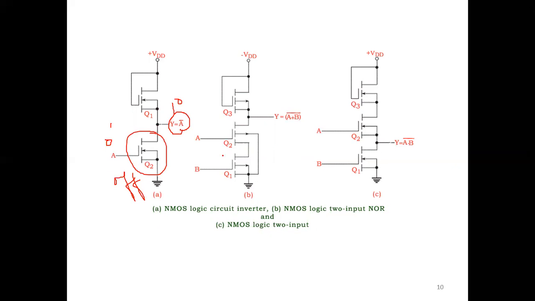Here is the NMOS NOR gate, A plus B, the whole bar. Let's check the case where both the inputs are 1. Then the transistors turn on, and the output is pulled to 0. Next is the NMOS logic with two inputs, the NAND gate. Here, the NAND gate output is 0 only when both inputs are 1.